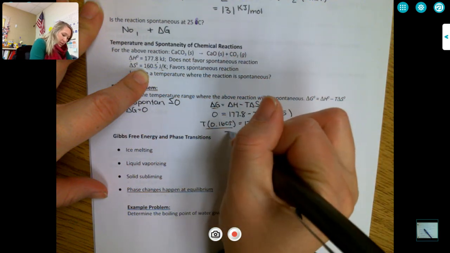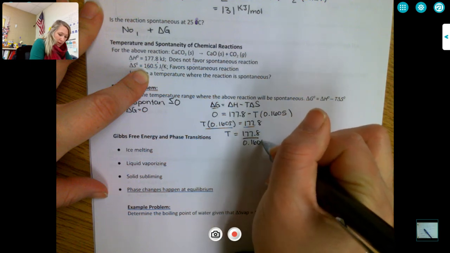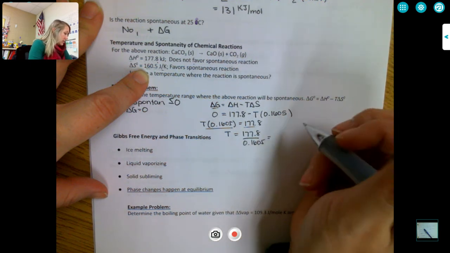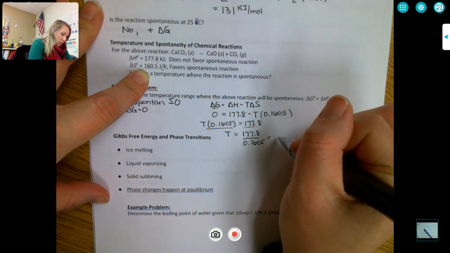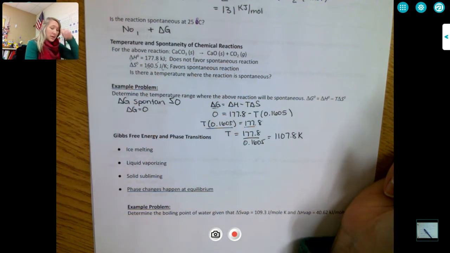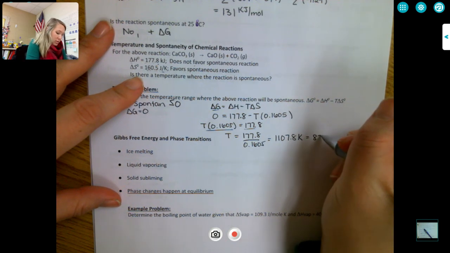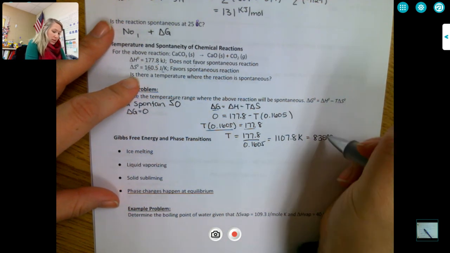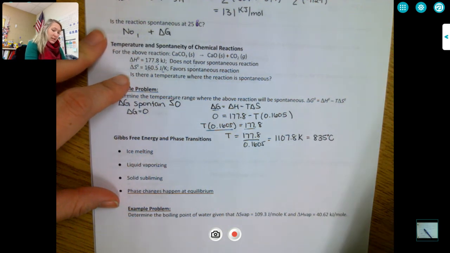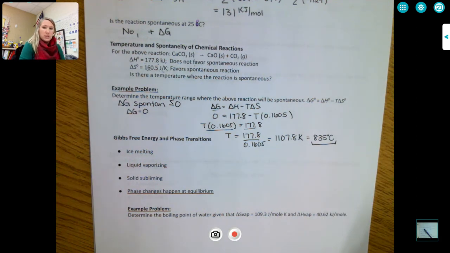My temperature is 177.8 over 0.1605, and I get 1107.8 Kelvin. Putting that in Celsius, 835 degrees Celsius. So if I want this to be a spontaneous reaction, I need the temperature to be at or above 835 degrees Celsius. It's a pretty hot reaction, but we can get there.